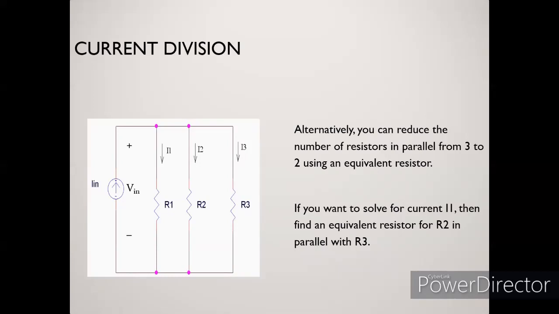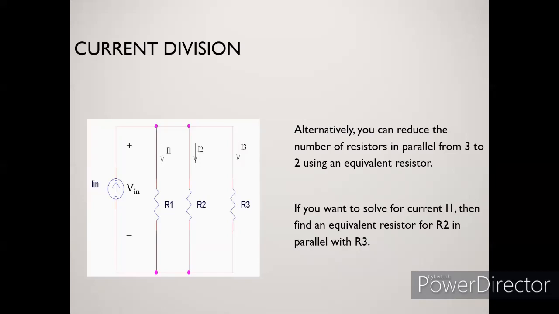The best way to calculate such circuits is to reduce the number of resistors in parallel from 3 to 2 by using an equivalent resistor. Meaning, we can combine R2 and R3 to make R equivalent, REQ.